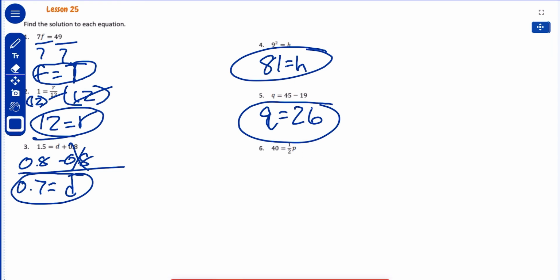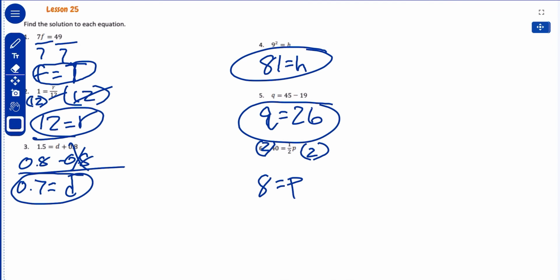Once again, think about it like this. We want to get rid of that denominator. What's the denominator? 2. So we can multiply by 2 to both sides. Okay? And that gives us 80 is equal to P.